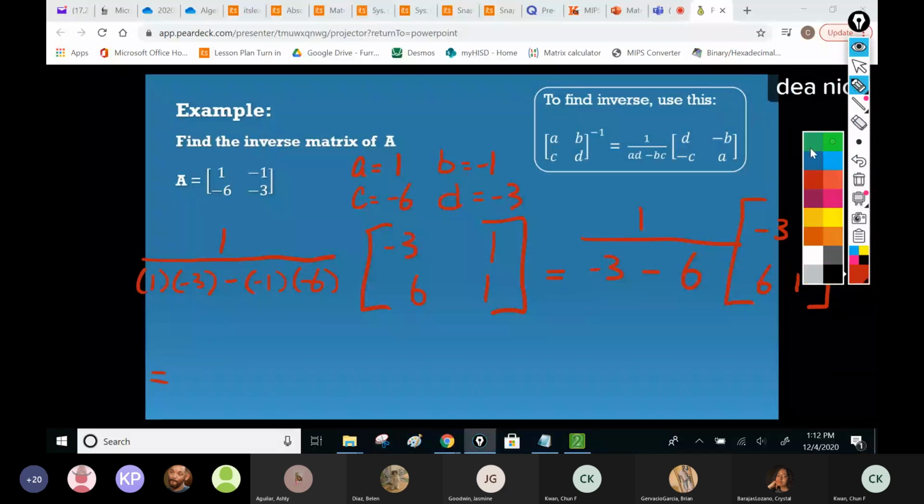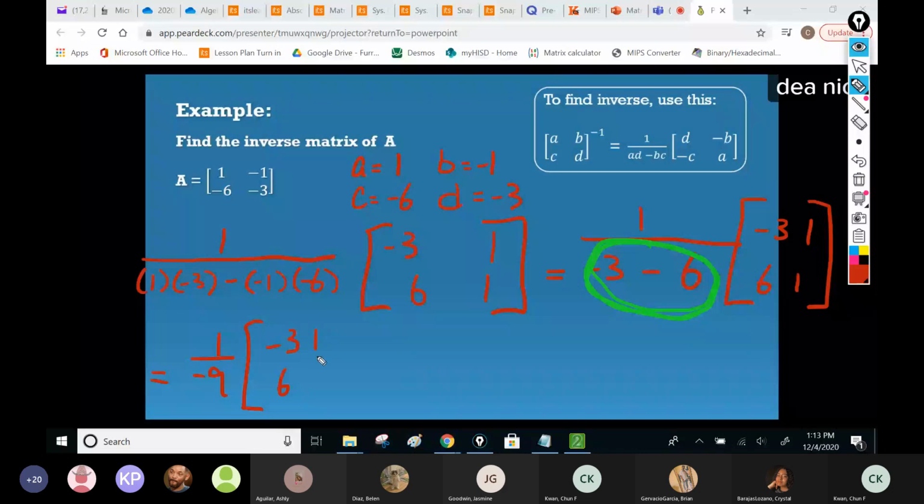All right, now I'm going to solve the bottom part right here. Negative 3 minus 6 is going to be a negative 9. And then the last thing I have to do is multiply this number outside the matrix with everything inside the matrix, these two times 1 over negative 9.